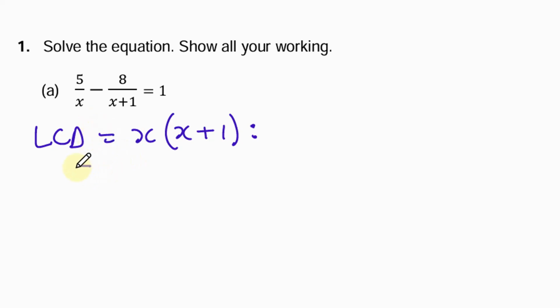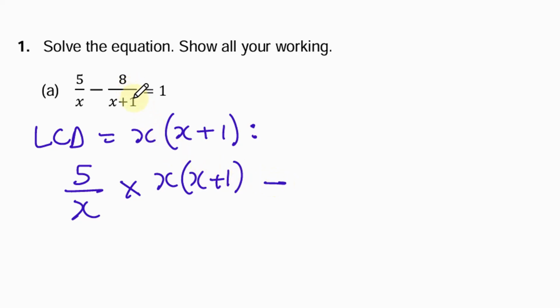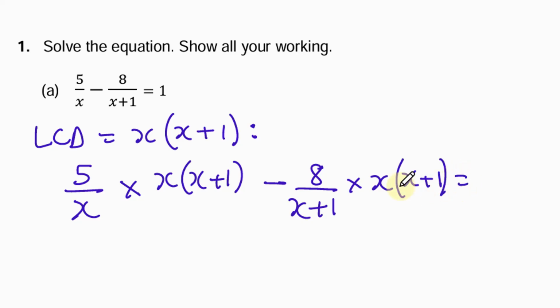So we have 5 over x. We're going to multiply it by the LCD. Then we have negative 8 over x plus 1. And we multiply it by the LCD. Then also very important, on the right hand side of the equation we have 1.